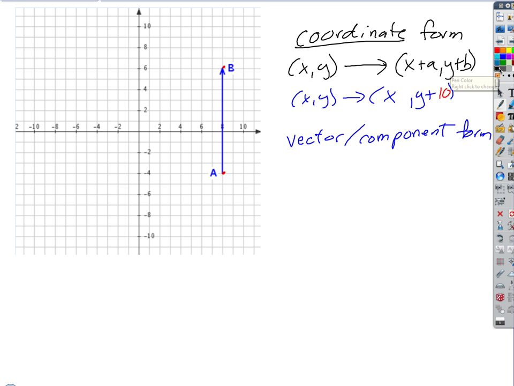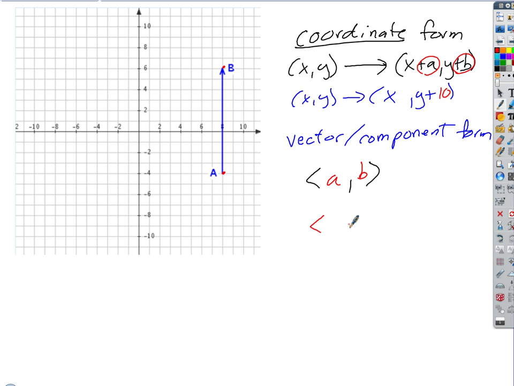In general, vector component form just looks like whatever these numbers were; we just put the numbers. Vector or component form is just telling us how far the point is moving in the x and y directions. So what's it going to be here?